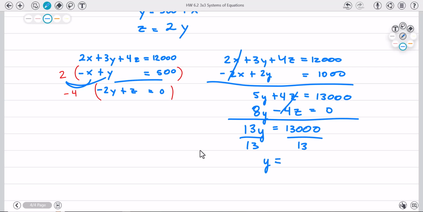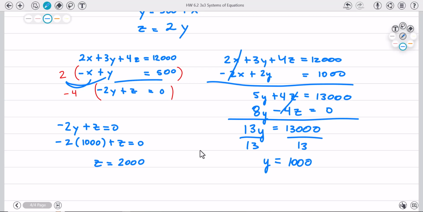and so I can solve for y and I get 1,000. And now I can just simply use all my other formulas up here. So if I use my negative 2y plus z equals 0, so I'm using this third equation, and I plug in y is 1,000 plus z equals 0, then I can solve and I get z is 2,000.